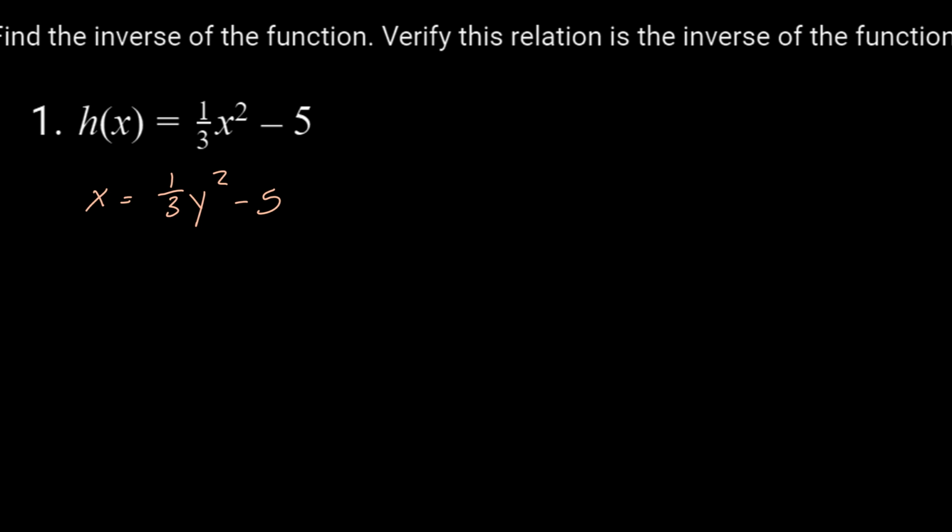If you're multiplying something by 3, you need to multiply everything by 3. This includes the 5. I bet a lot of people tried to do that, and that's why they got it wrong. So, first, what I would have done is I would have added 5 over. So we have x plus 5 equals 1/3 y squared.